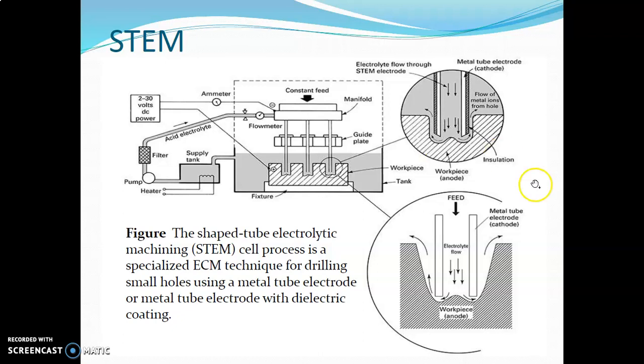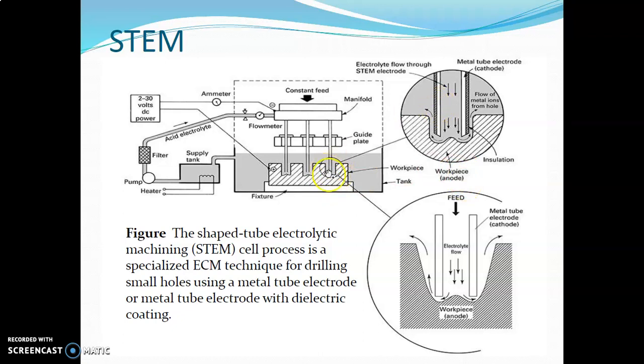So you can see in the magnification figure, electrolyte flows through the STEM electrode. Here the electrolyte is flowing. Here we have the insulator, as we have discussed, which may be vinyl or Teflon or epoxy. Here we have the workpiece, that is the anode, positive.